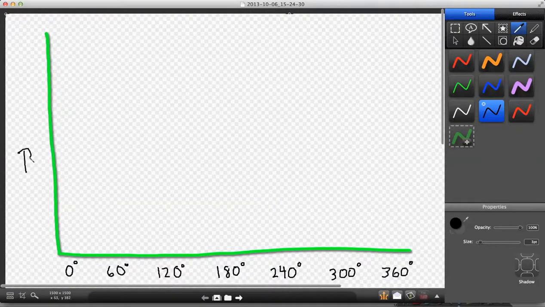And then, of course, I'm going to measure relative potential energy.